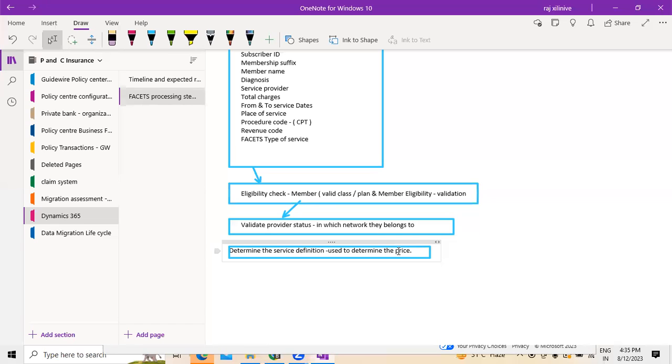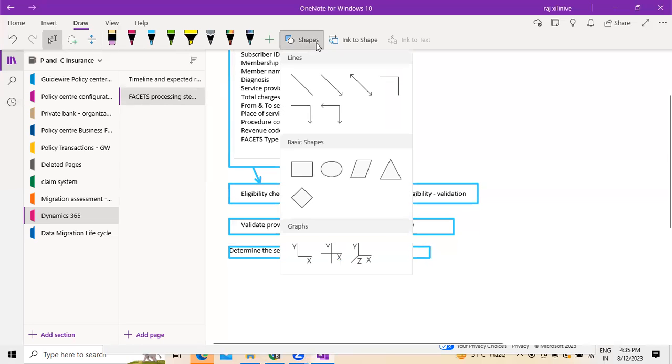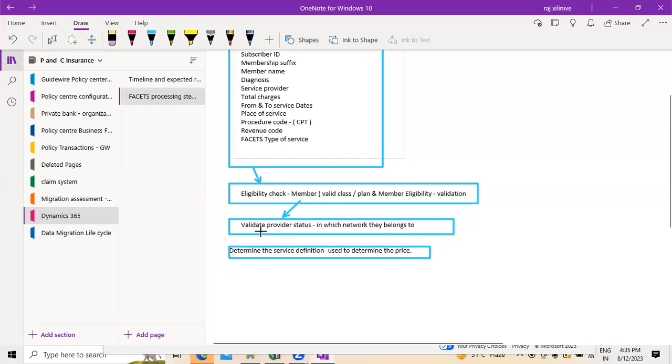When a provider has an agreement with a particular payer from the insurance company, the price ranges will be different if they are in the particular network.